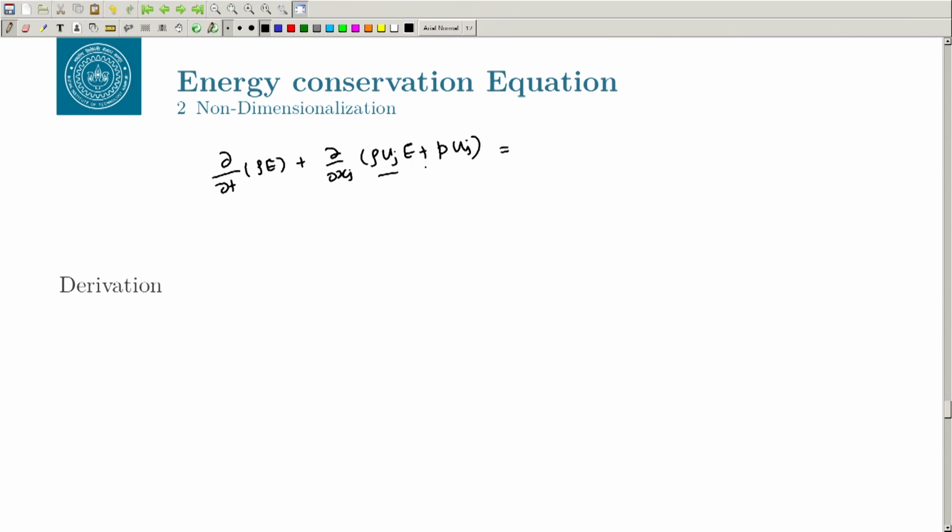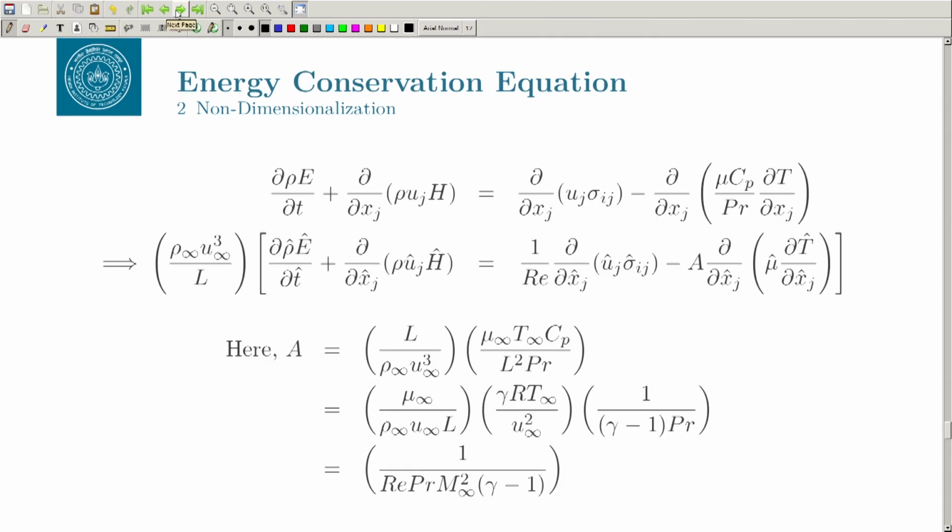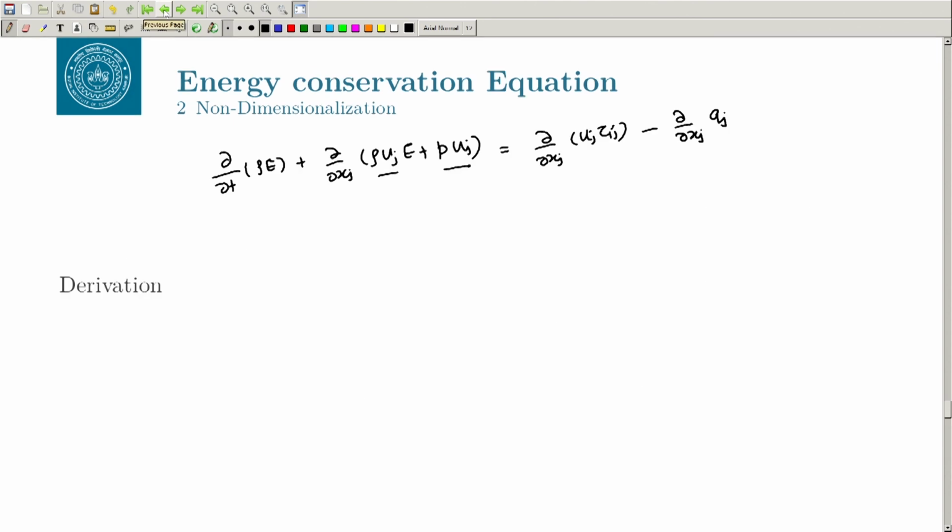I am writing it in a separate form so that it will be easy for you to grasp. Then you have del by del x_j of u_j tau_ij, and plus del by del x_j of q_j. I hope I am right. So this is your total energy equation.